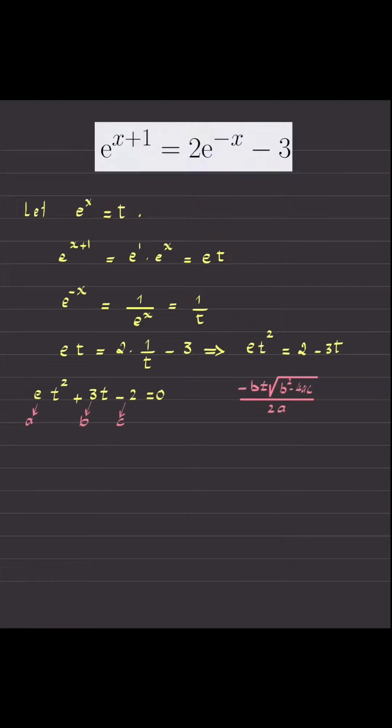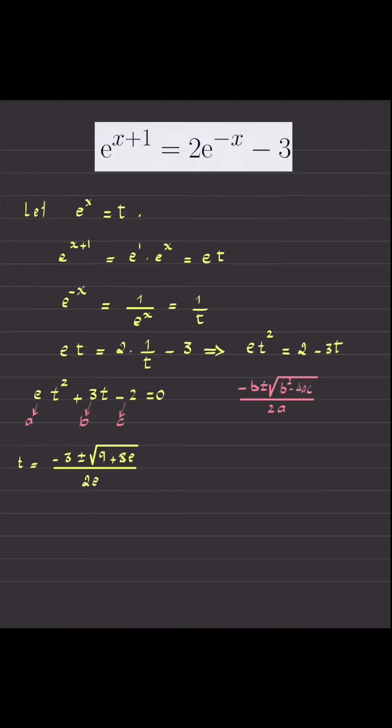So t is equal to minus b, which is minus 3, plus or minus the square root of b to the power 2, which is 9, then minus 4 times a times c, which is e times minus 2, which becomes plus 8e. I would write plus 8e here, and then divide everything by 2 times a, which is 2e.